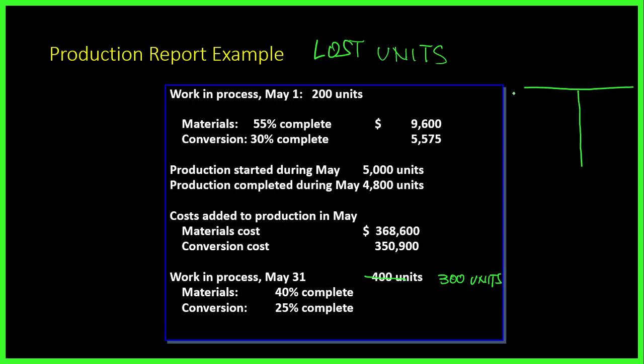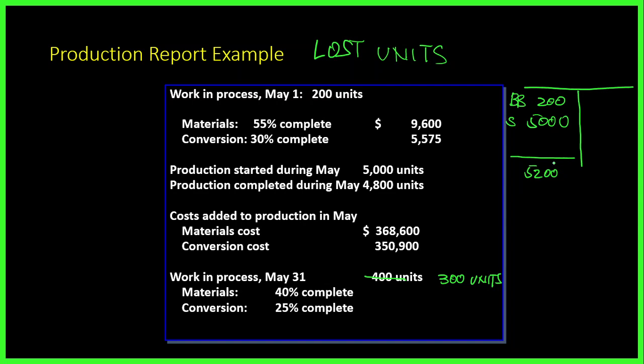Okay, you have here your beginning balance, no? Beginning balance which is nasaan na yun? Ayun. 200 units, and then you started 5,000 units. So at the end of the period, no, you should be able to finish 5,200 kung matatapos mo lahat yan.